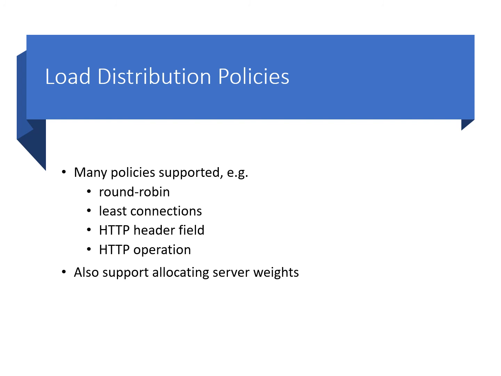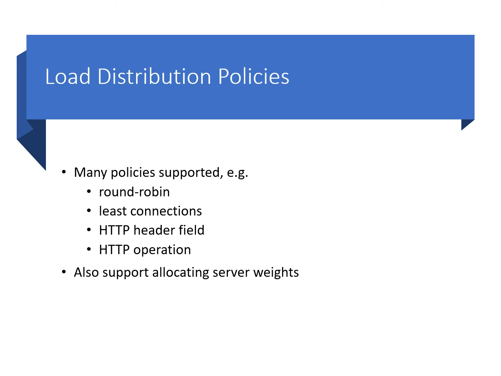Round robin: the load balancer simply distributes requests to available services in a round robin fashion. Least connections means the load balancer distributes new requests to the service with the least open connections at any moment in time. HTTP header field means the load balancer directs requests based on the contents of specific HTTP header fields.